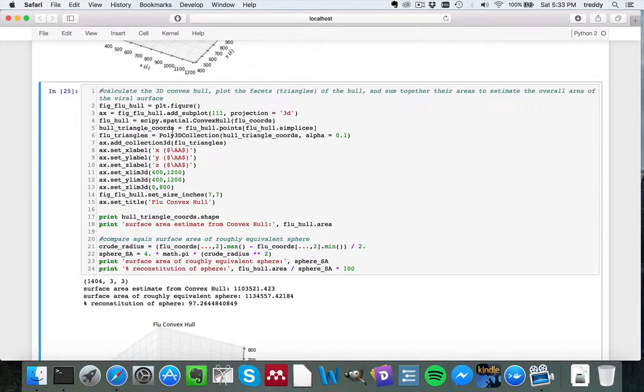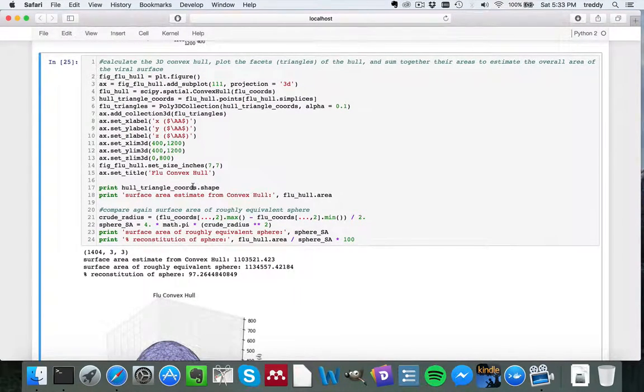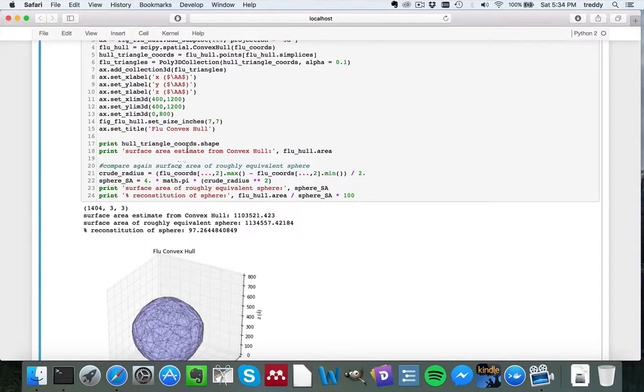And then we'll feed them into this matplotlib Poly3DCollection object. So we have effectively an array of triangle coordinates. Add them to the 3D collection of this matplotlib axis, and then go ahead and label the plot with the necessary details.